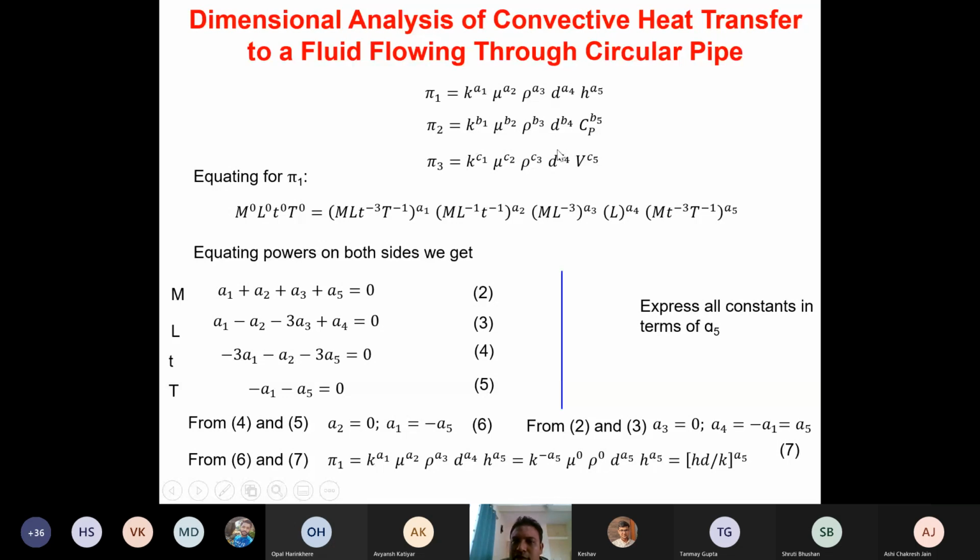Similarly, these four exponents C1, C2, C3, C4 we will obtain in terms of C5, because these are the three quantities which are varying across this equation. Okay, this is not arbitrary. So A1, A2, A3, A4 are obtained in terms of A5 because this H is varying in this equation corresponding to the expression for pi2 and pi3.